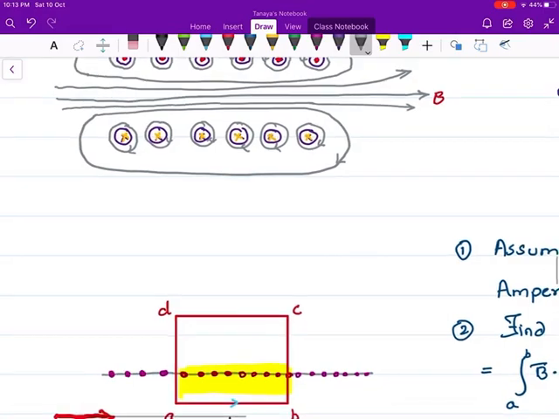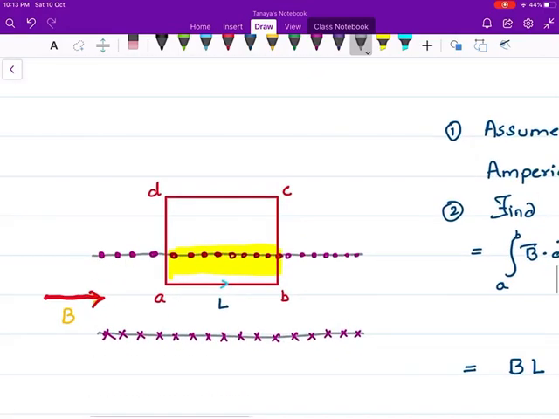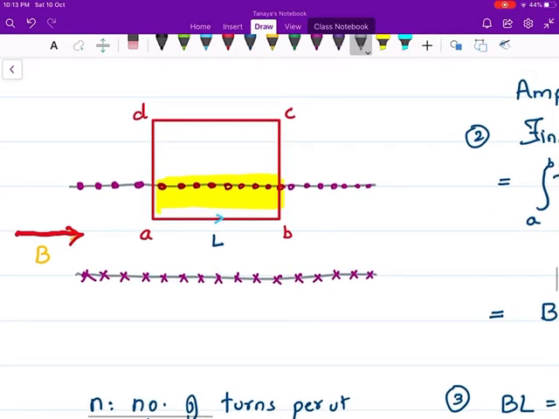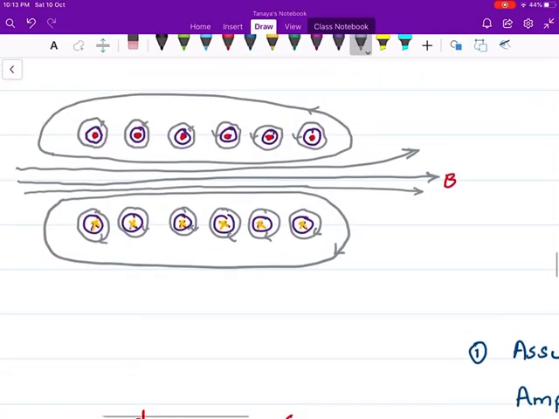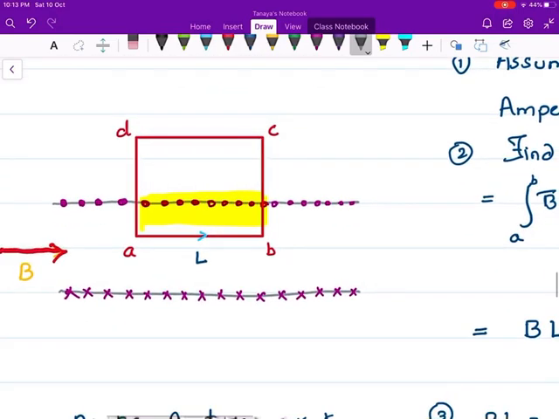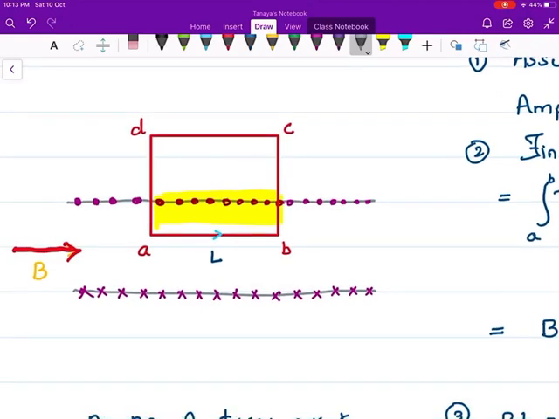Now, again, I have simplified it further. I have just drawn the dots and the crosses. I have not shown the magnetic field lines. Now we have to find the magnetic field because of this solenoid at the center or somewhere inside the solenoid.